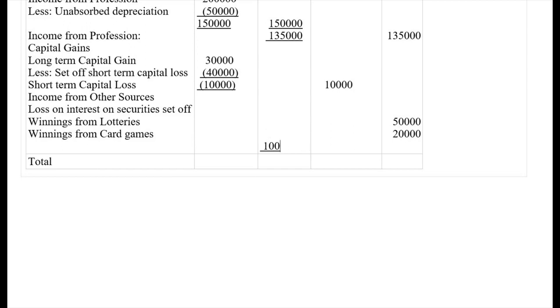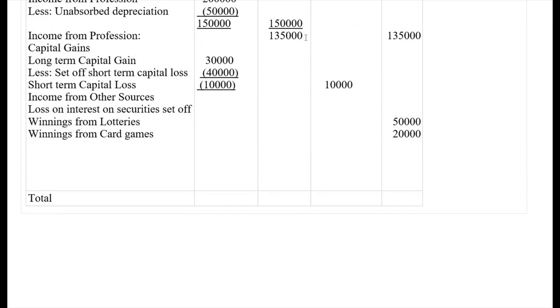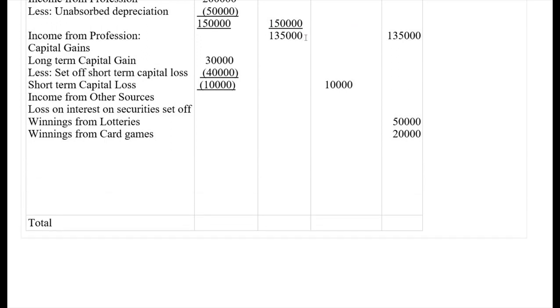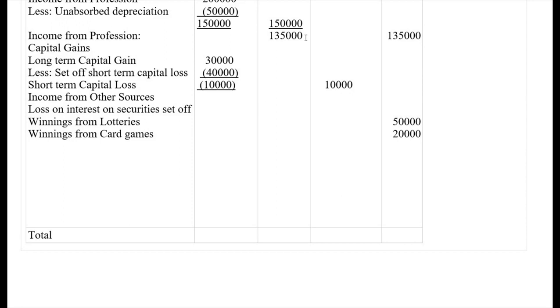One minute, there's some mistake that has happened here. So against this 1,35,000 we can adjust this loss from interest on securities. So it is 25,000 here.